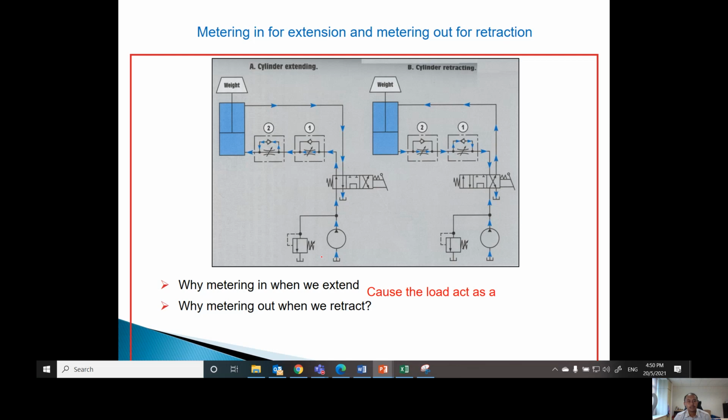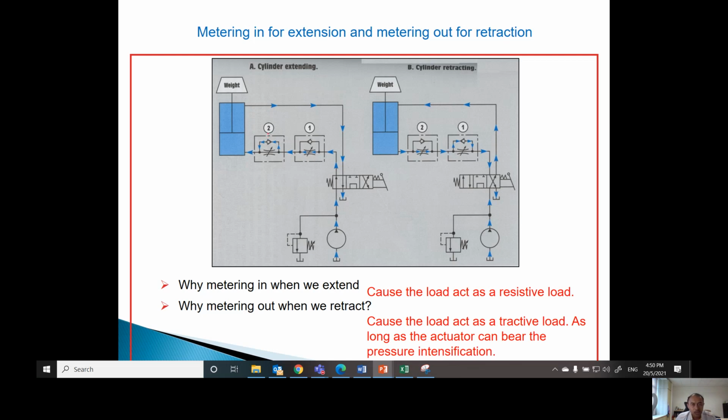So lastly, why do we use meter in when extending? Because the load, in this example, acts as resistive. And we use meter out when we retract because the load acts as tractive.